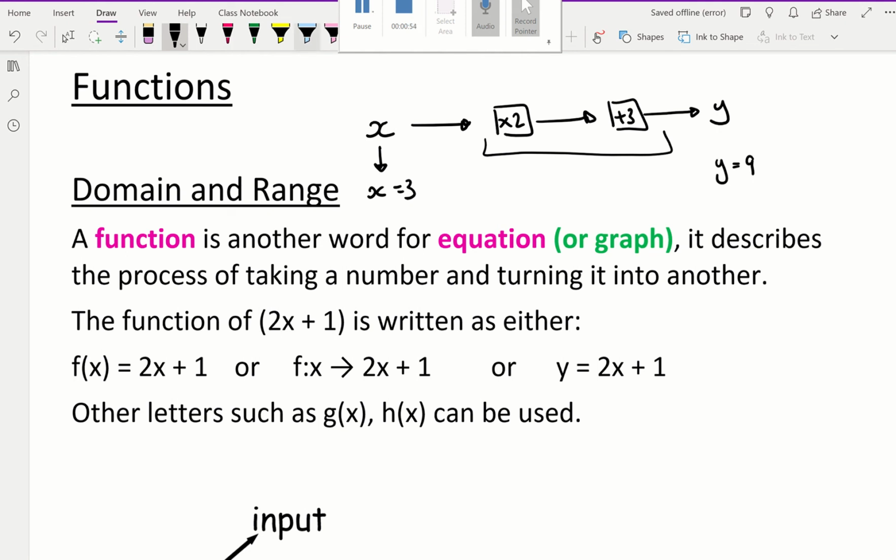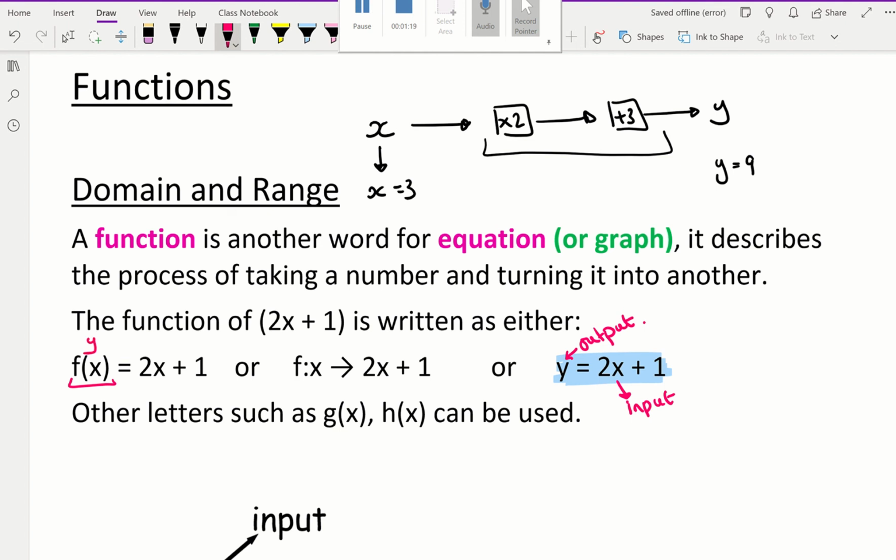Functions are written in different ways. The way that you know is y equals 2x plus 1. That's an equation. It's an equation of a straight line graph. You've seen this before. X is the input and y is the output. But you can also write it using f of x instead of y.